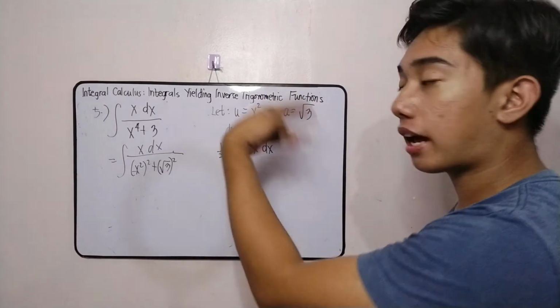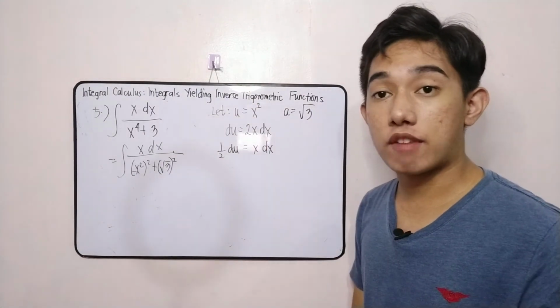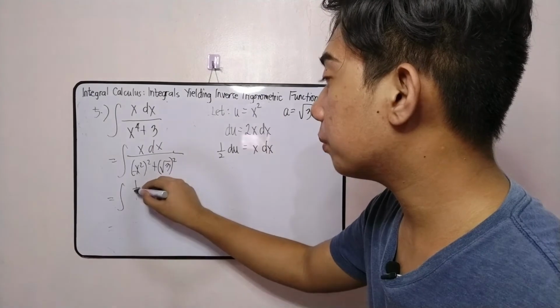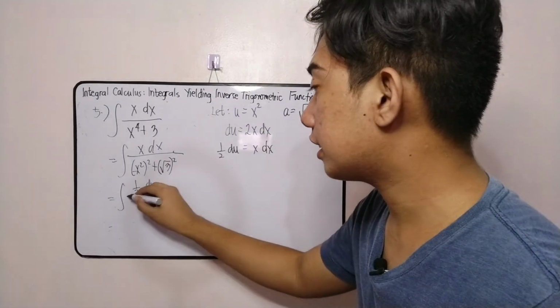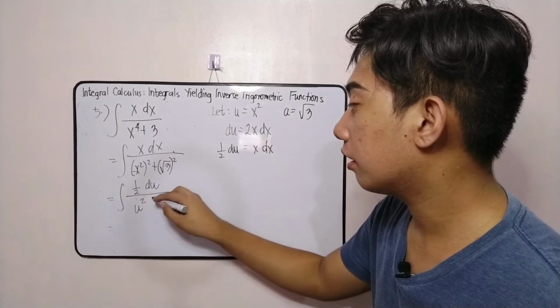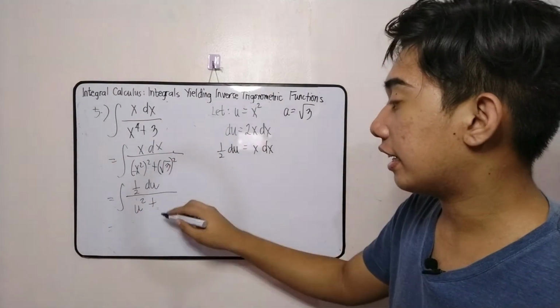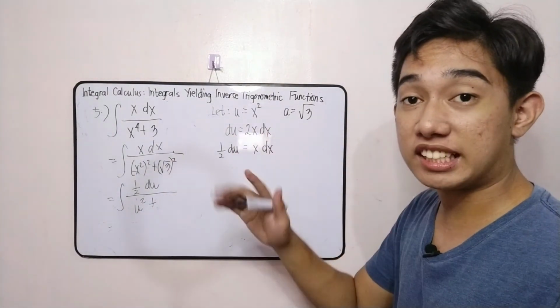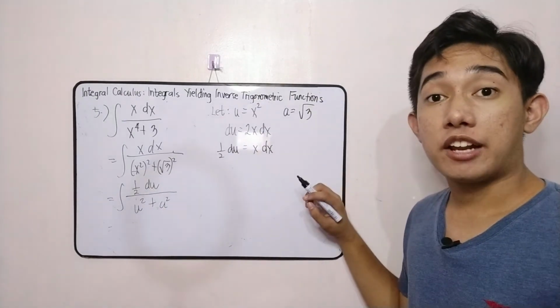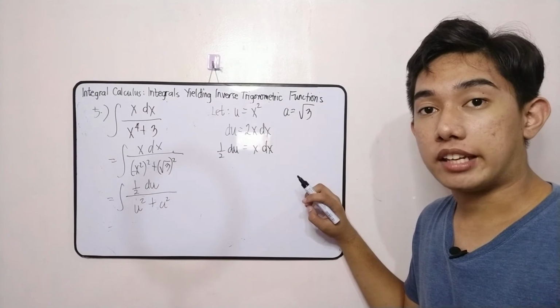So 1/2 du is equal to x dx. Now, meron na tayong mga expressions, we can easily plug in our values. So, the integration of 1/2 du all over, our value of x squared is u, so u squared, plus our value of a squared, square root of 3 squared, is a squared. And you can see here na inverse tangent na po yung ating expression.